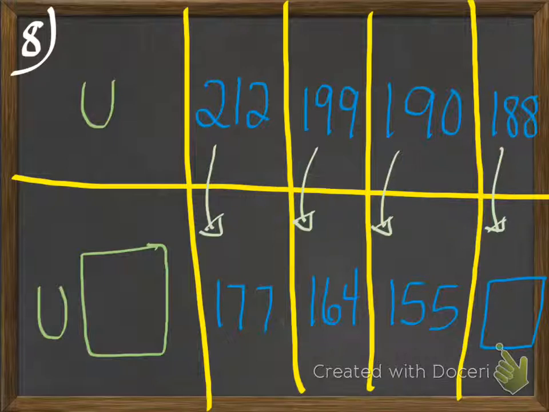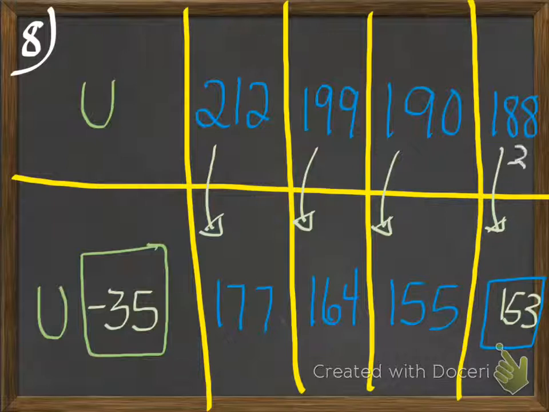If you said subtraction is the operation, you are correct. And if you said we are subtracting 35, you are correct. The last empty box should then be 153, because 188 minus 35 is 153.